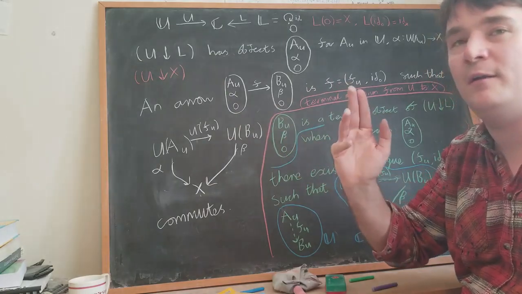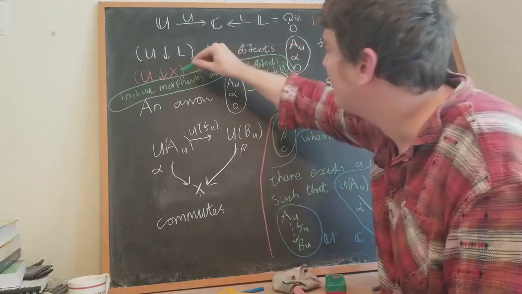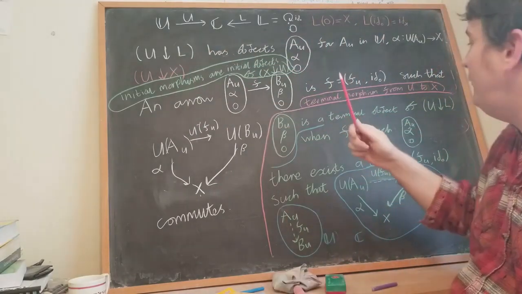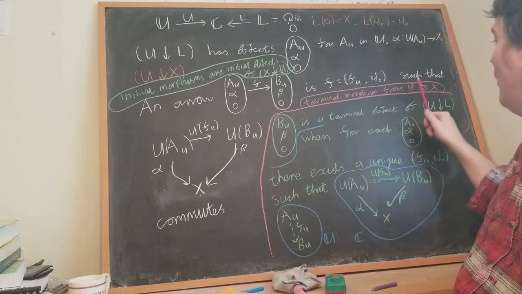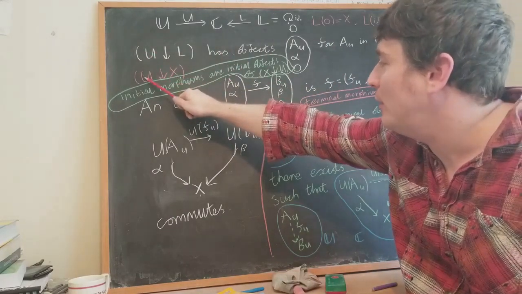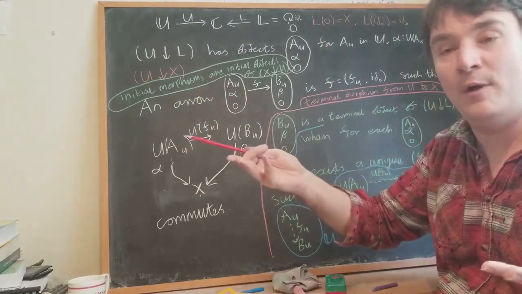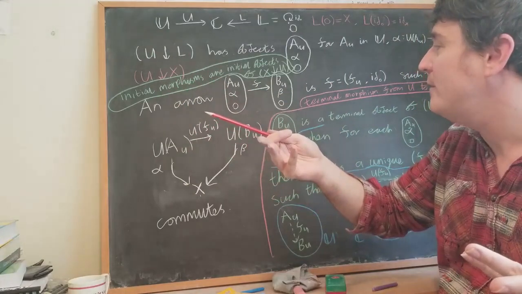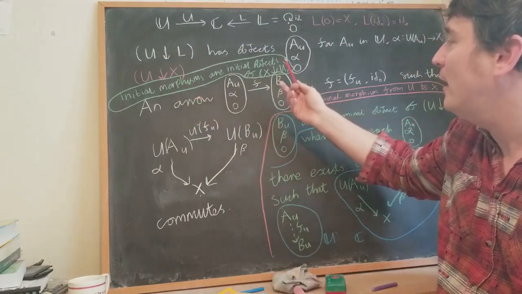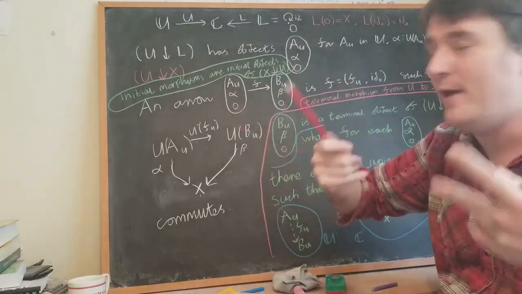You might be wondering, well, okay, what about initial morphisms? So we've already seen now that a terminal morphism from u to x can be considered to be a terminal object of u downwards arrow x. What's the deal with initial morphisms then? Well, the initial morphisms just have a very similar kind of existence.